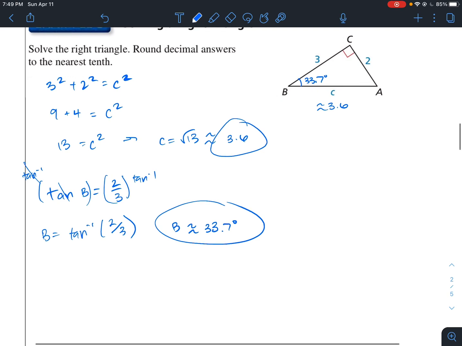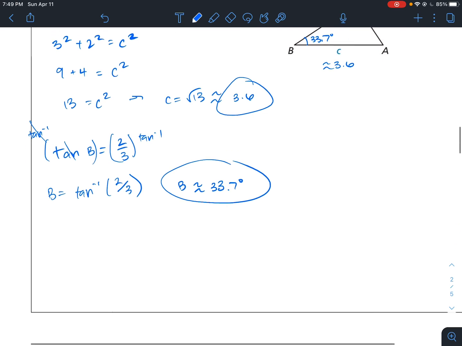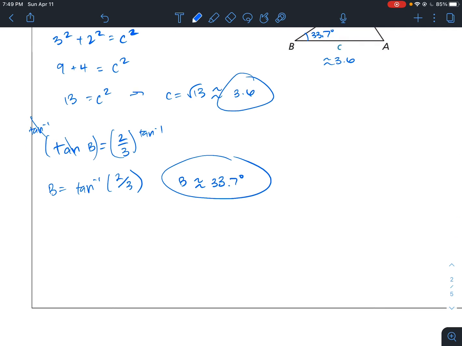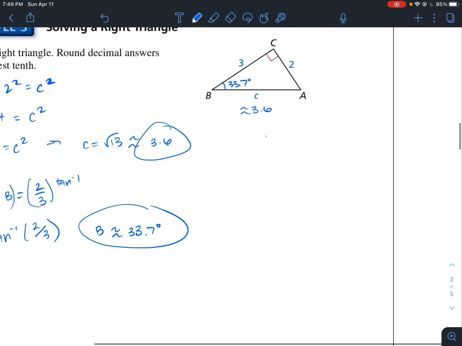Now I need to find angle A, and again I can use my tangent ratio, which would give me 3 over 2. So tangent of angle A would be equal to 3 divided by 2, and I can do a tangent inverse of both sides to get A by itself.